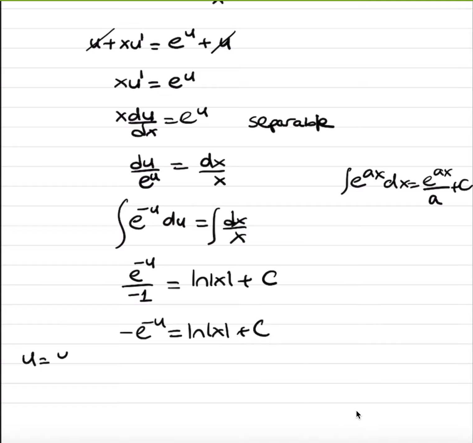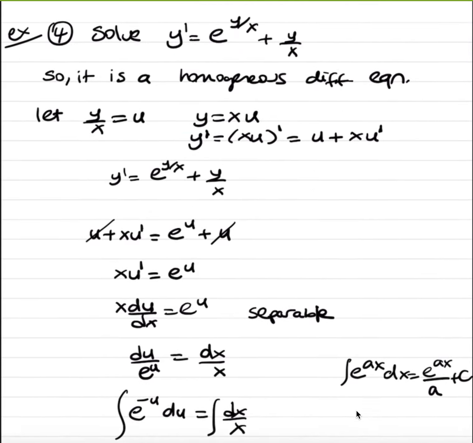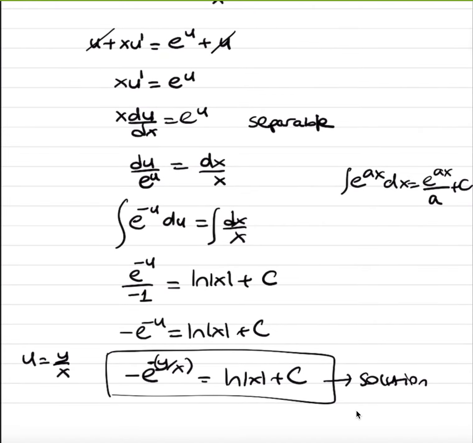But don't forget to put y over x back. So minus e to the power minus y over x is ln x plus c. So this is our solution. The question was, solve this differential equation. Here is this implicit solution. It is not an explicit solution, it is an implicit solution. And c is a constant. Don't forget that.